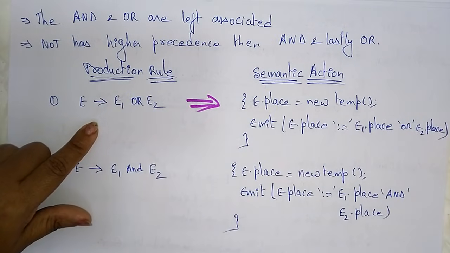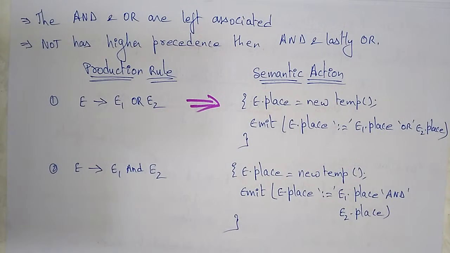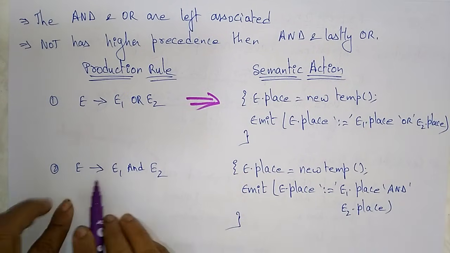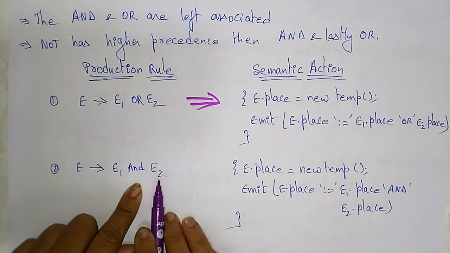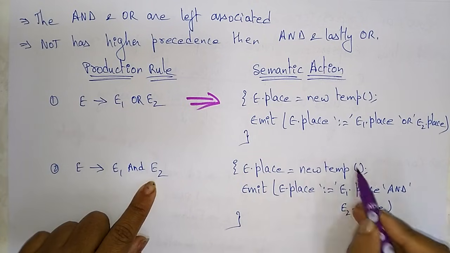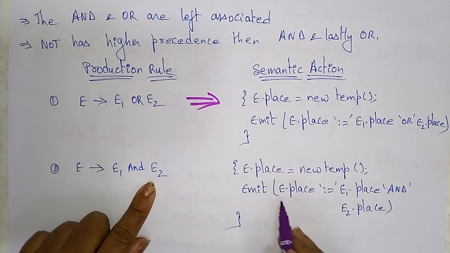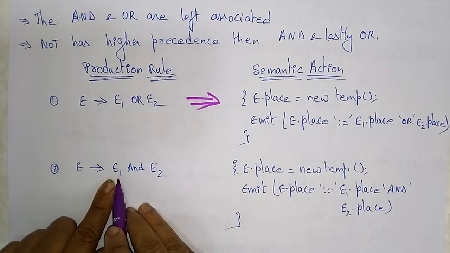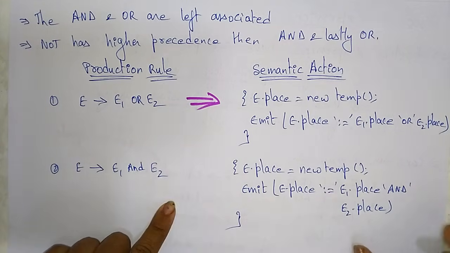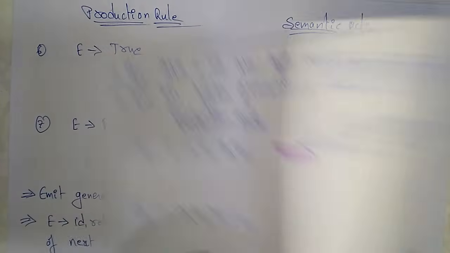Just like the translation of assignment statements you have just seen, where there was plus and into, here instead of plus and into you are taking or and and. So E determines E1 and E2 means E dot place is assigned a temporary variable, and emit means generate a 3 address code for E1 dot place and E2 dot place.